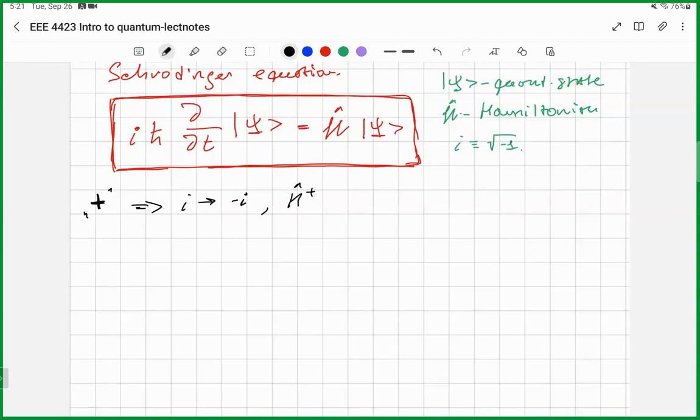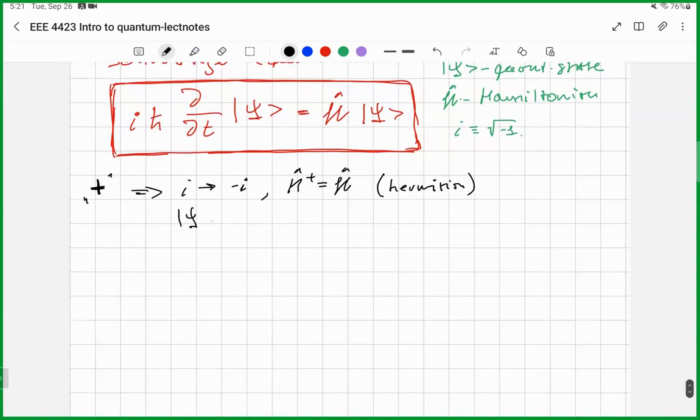H dagger equals H because the Hamiltonian is a Hermitian operator.